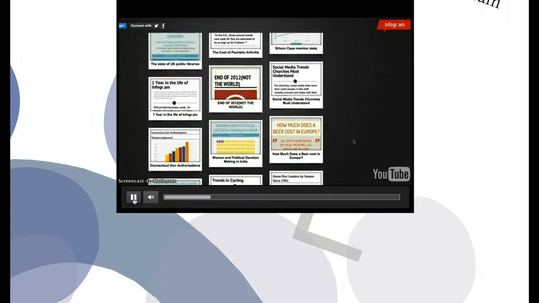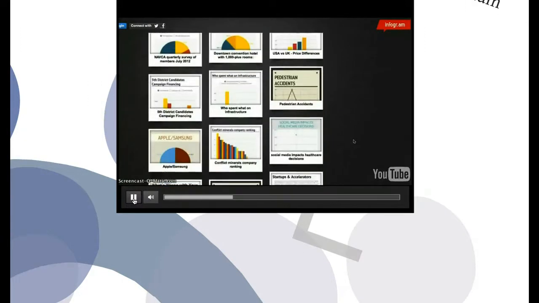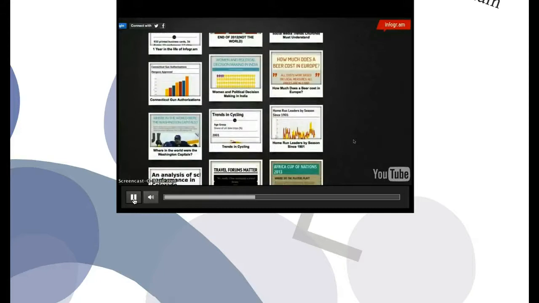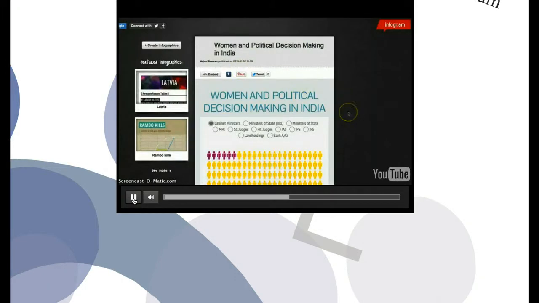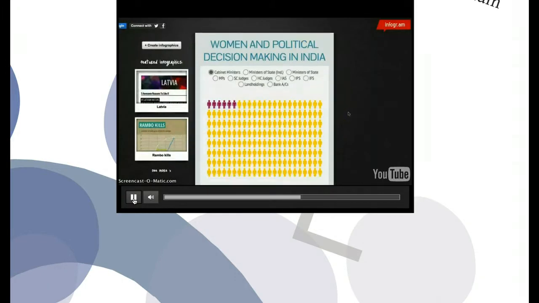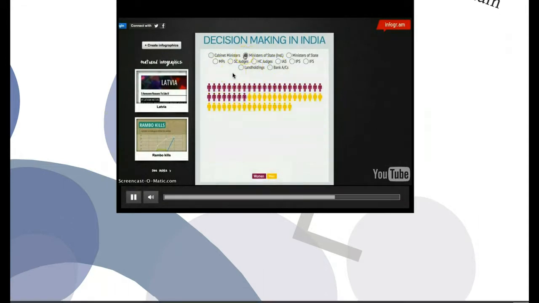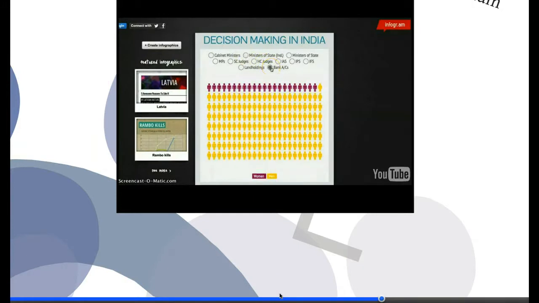And I want to show you this particular one, an infographic that's interactive about women and political decision making in India. By clicking on any one of those categories of leadership at the top, you can see how many women per 100 in India are involved in that particular category or role of decision making.